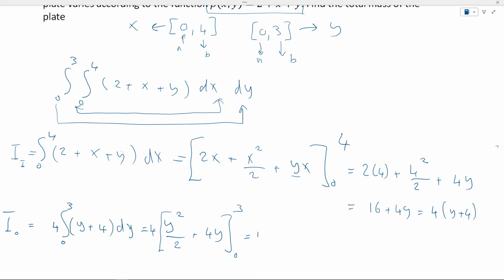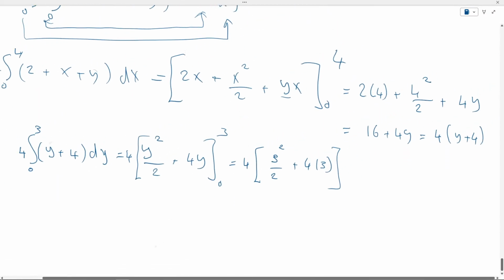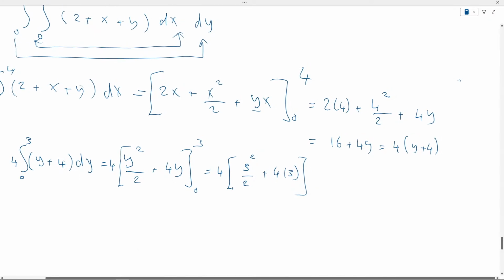And this would be equal to what? That would be equal to 4 times, what is y? So that is 3 to the power of 2 divided by 2, plus 4 times 3. Okay, so I got something that looks like this.